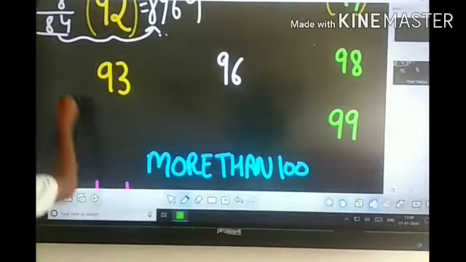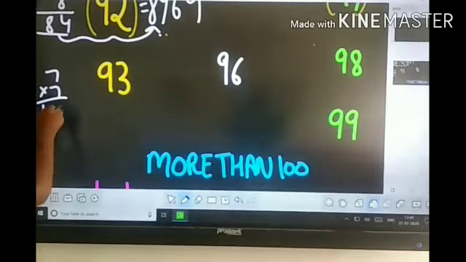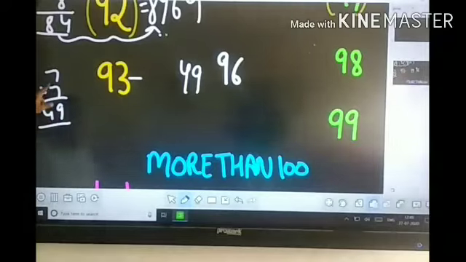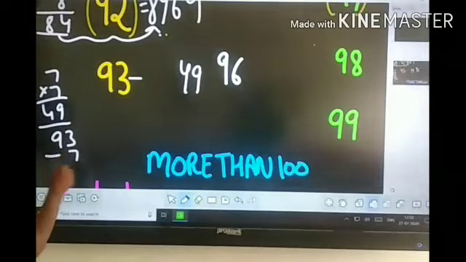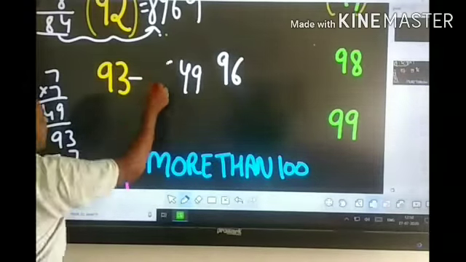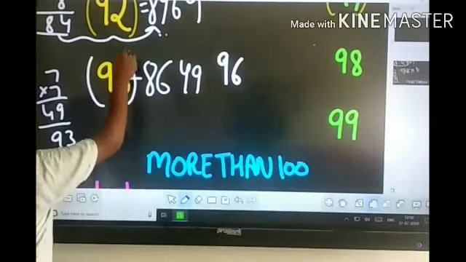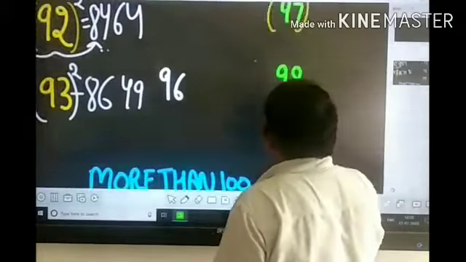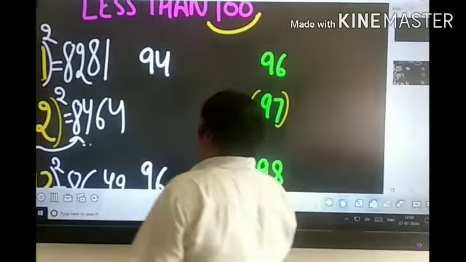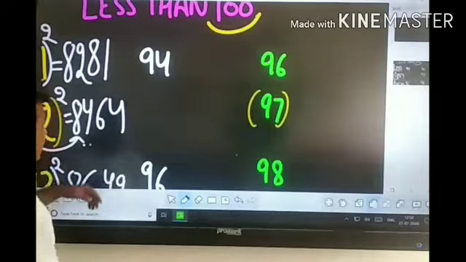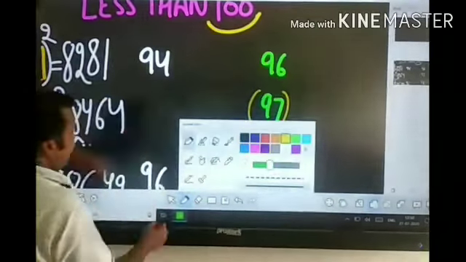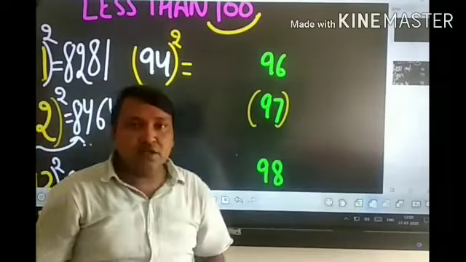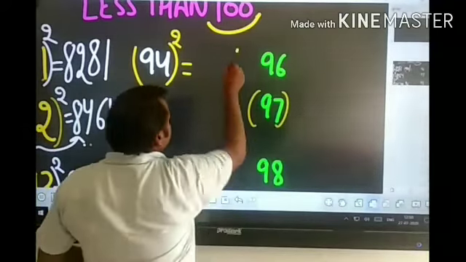Now we come to the next part, that is 93, which is 7 less than 100. So the square of 7 is 49. Now I will subtract 7 from 93, that is 86. So this is the square of 93. In the case of 94, which we explained earlier, this is 6 less than 100.